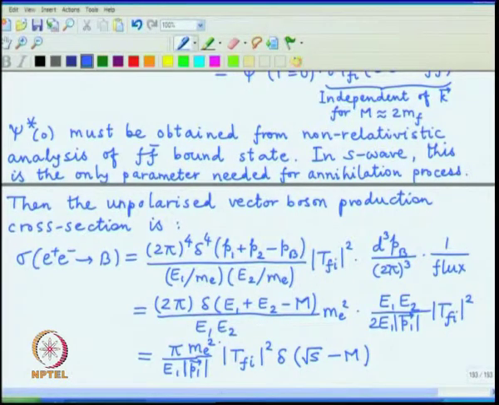And this is the condensed result for the cross section, now one can calculate this TFI explicitly in terms of the results which we obtained earlier and reduce this to an explicit formula in terms of the fine structure constant and the wave function at the origin.